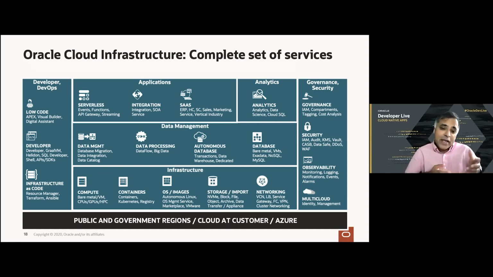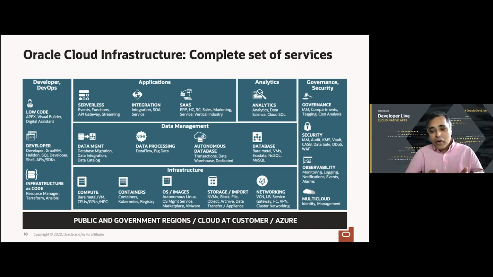And this also spans multiple developer use cases, whether you're a developer who's using a low code or no code paradigm. You may be an infrastructure developer that's looking to automate your infrastructure deployment. You may be an expert Java developer who's looking to leverage all of the latest in Java, Helidon, GraalVM, etc. So it's really a pretty large set of capabilities.